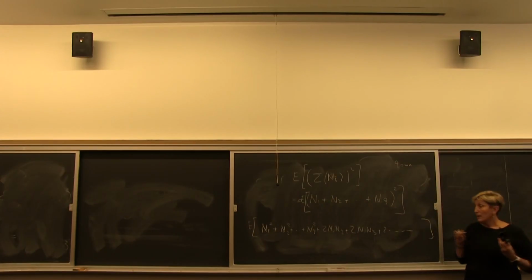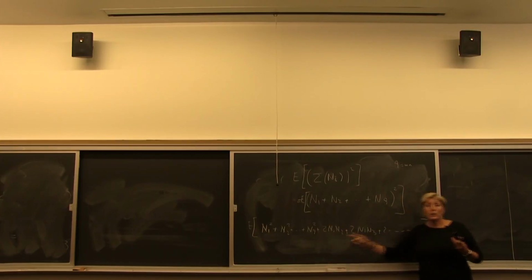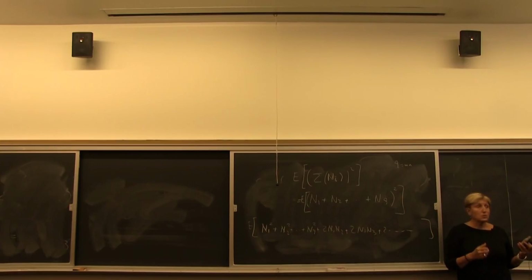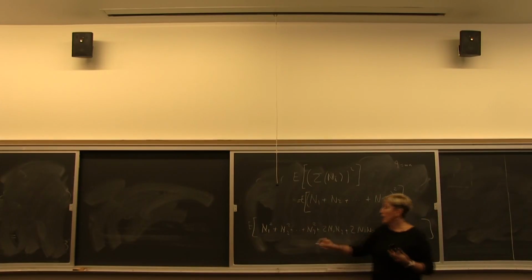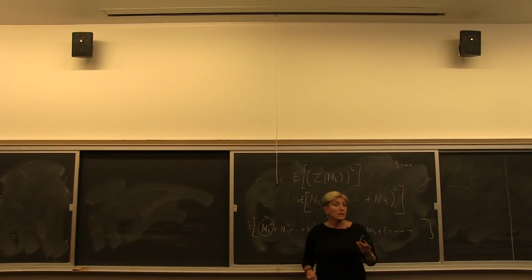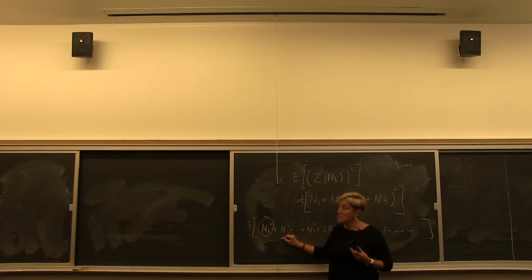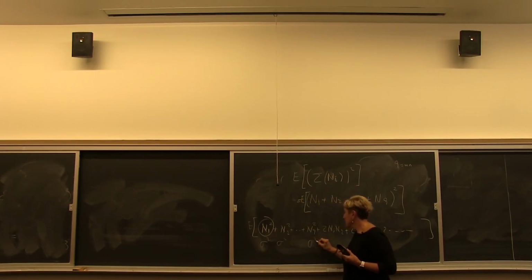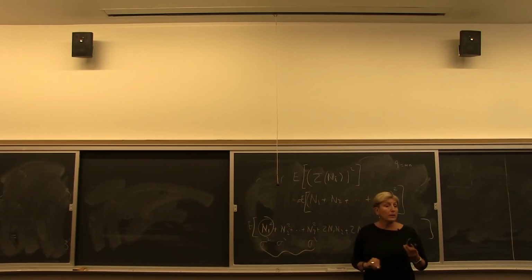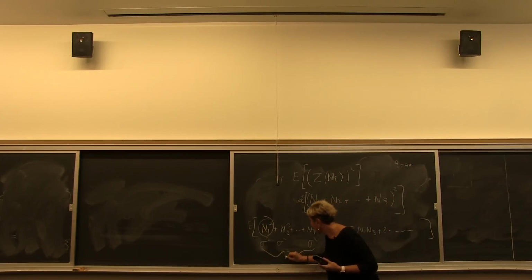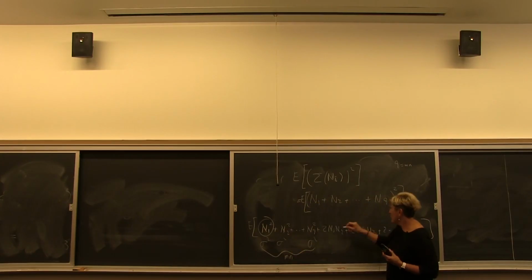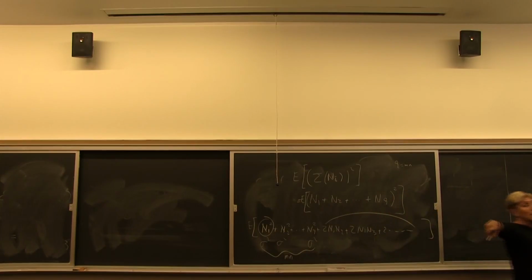And again, I have now the expected value of a sum. So that's the sum of expected values. The expected value of this guy is sigma squared. And this guy, sigma squared. And this guy, and how many of these do I have? mn. Okay? Now, how about these terms? He said something about independence. How does independence help?